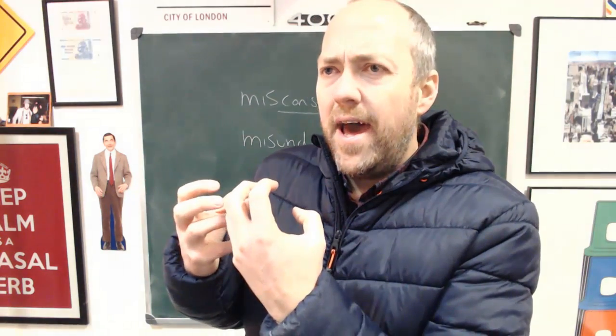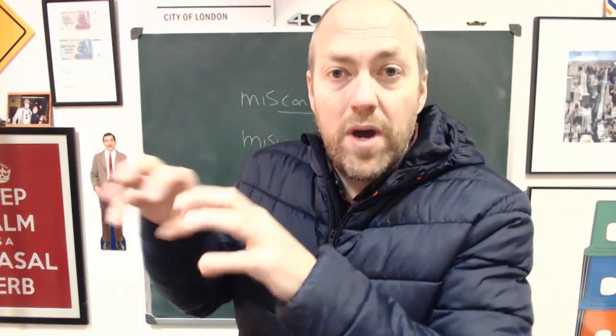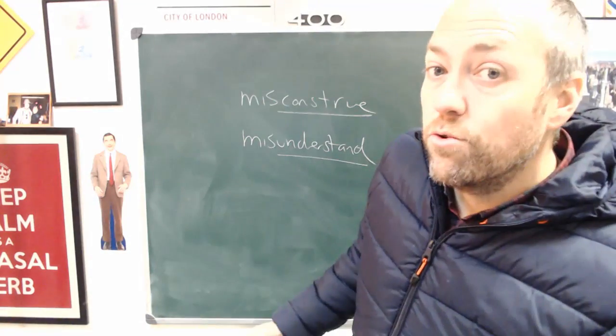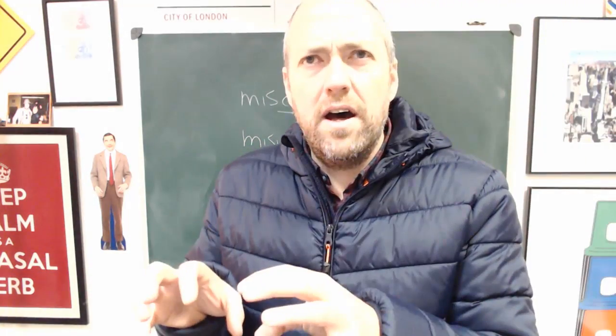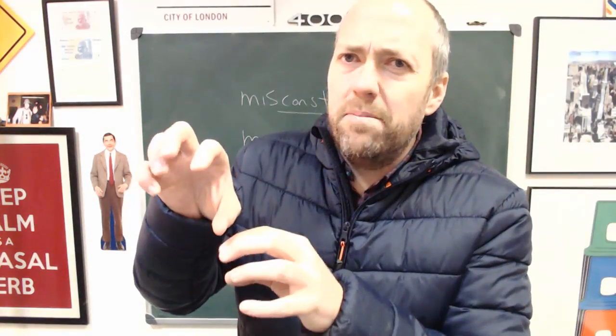So maybe if you tell me, I don't want to eat pizza with you because I don't like pizza. I can take this information and I can build it in different ways. I can misconstrue. I could say, he doesn't want to have pizza because he doesn't like me.